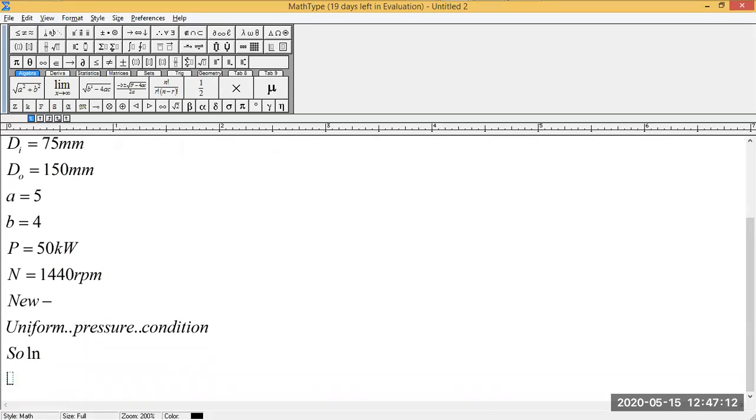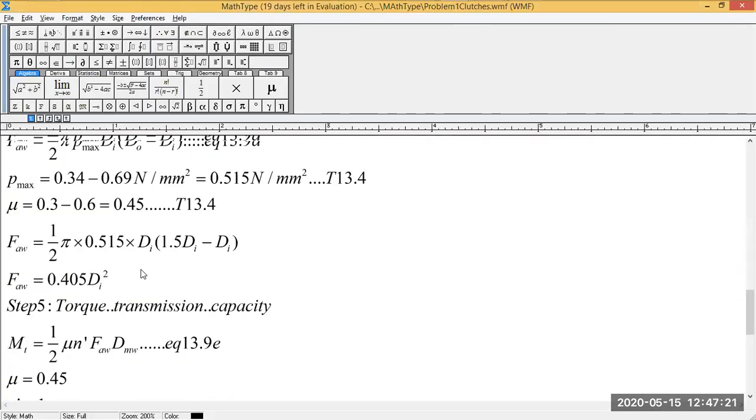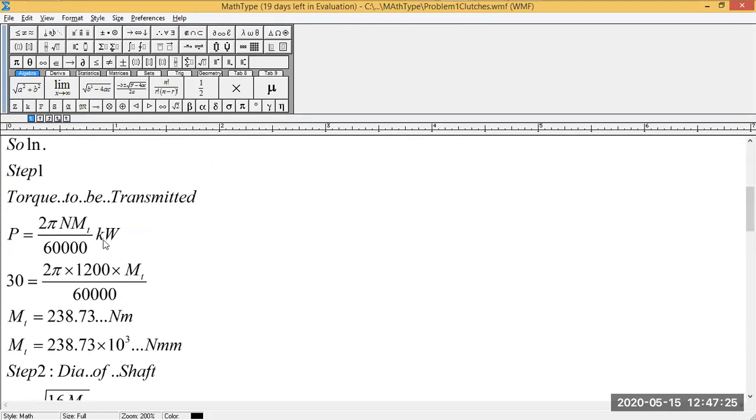So the solution will start off with step 1: torque to be transmitted. We'll use this formula here.